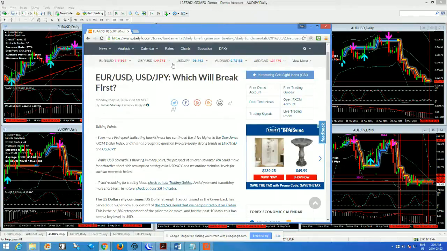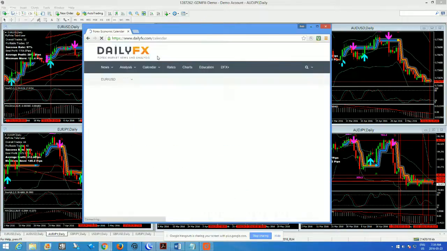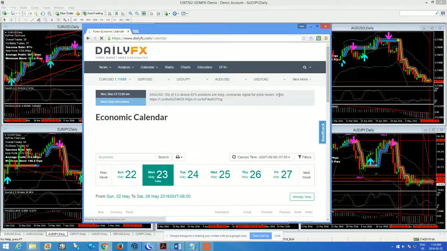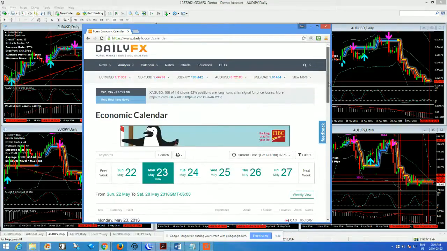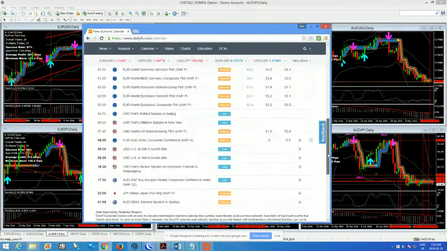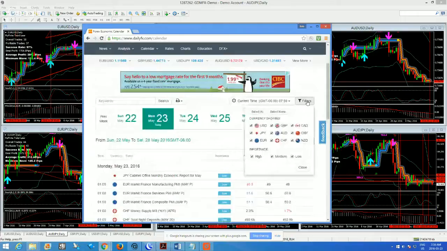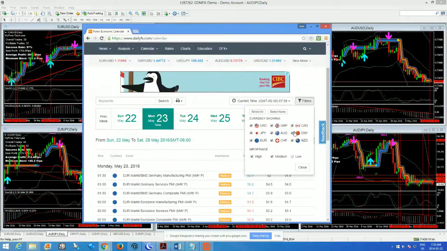All right, so let's also look at the calendar to tell us when our reports are coming out. So here we are looking at Monday, and let's set this up on the filters properly because we don't want low impact reports, and we don't want the New Zealand dollar or the Swiss franc, because we're not monitoring those.